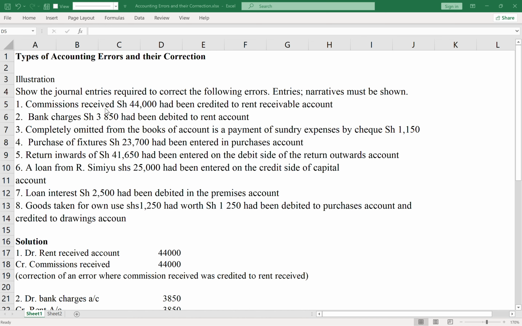So we say correction of an error where commission received was credited to rent receivable, with the same amount of money, 44,000. So we go to number 2.